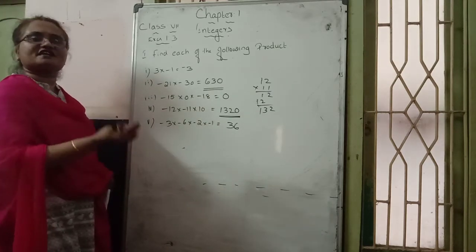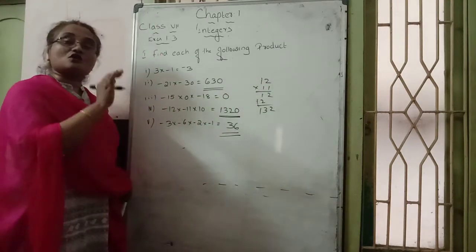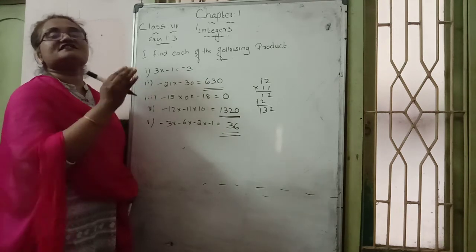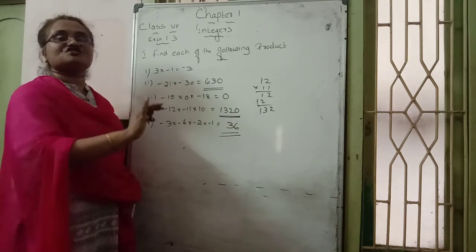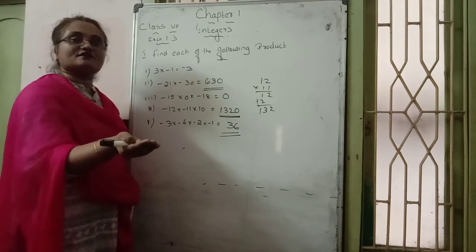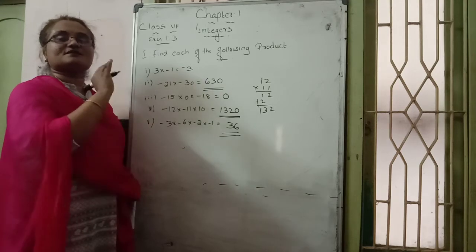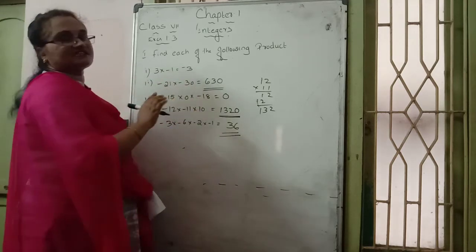Is 4 odd or even? Even. That's why the answer becomes 36. Odd case means our answer is a negative answer. Even times means our answer becomes a positive answer. Even times the minus symbol repeated means a positive answer; odd times the minus symbol repeated means we get a negative answer. I hope you can understand that.